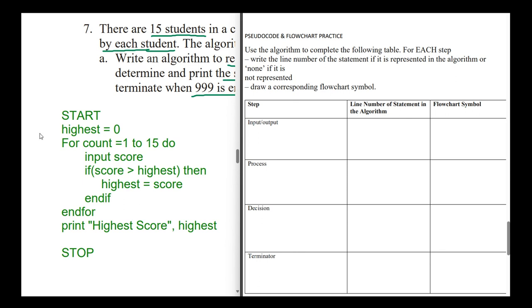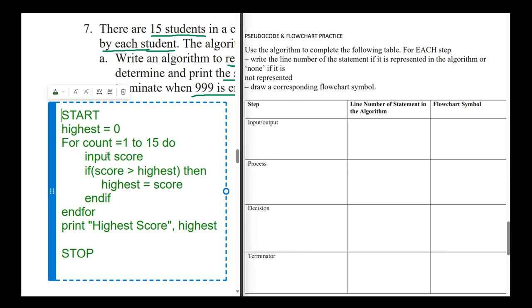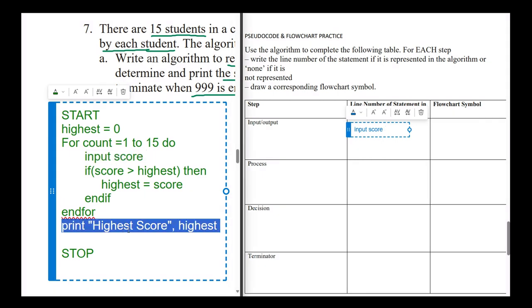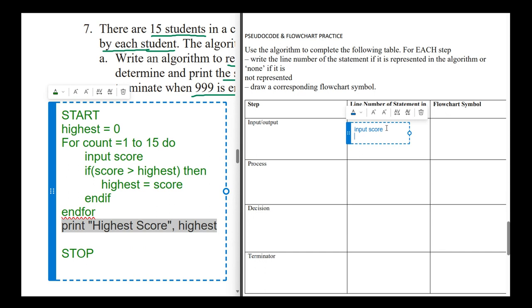So do we have any input or output? Yes, we do. Here where we input the score. That's an input. Anywhere else? Do we have anything that we're displaying? Yes, we are. Print highest score. That is an output. Right? And we said the symbol that we use for input or output is a parallelogram. Right?